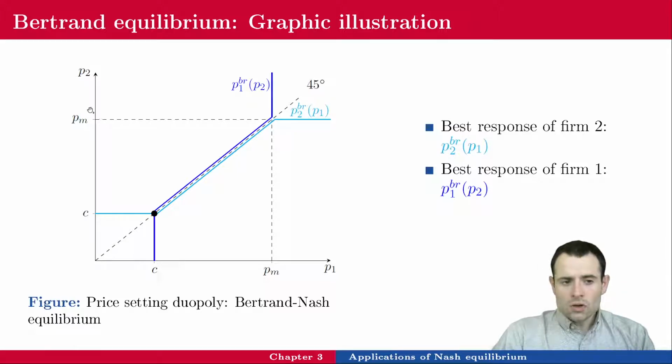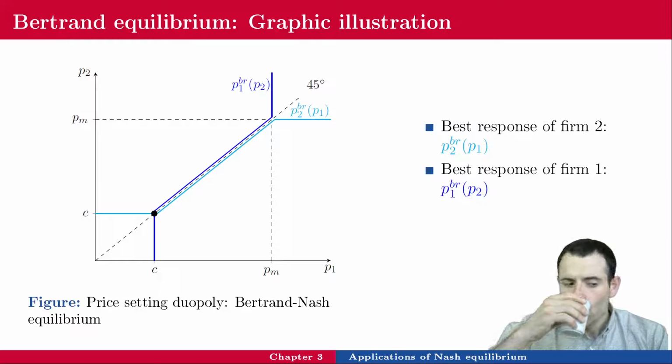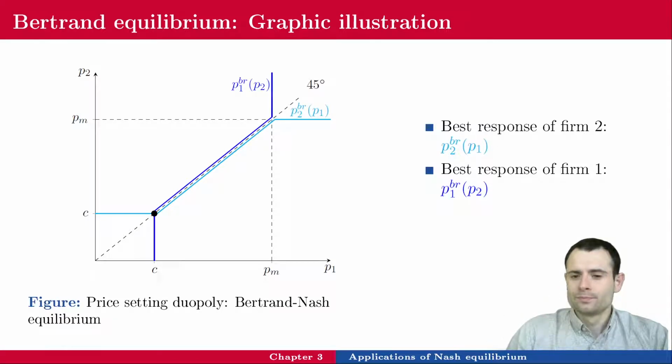Finally, once the price of firm 2 is bigger than PM, then firm 1 wants to stop at PM because this is where firm 1 will maximize its profits. Note that here they do not cross.